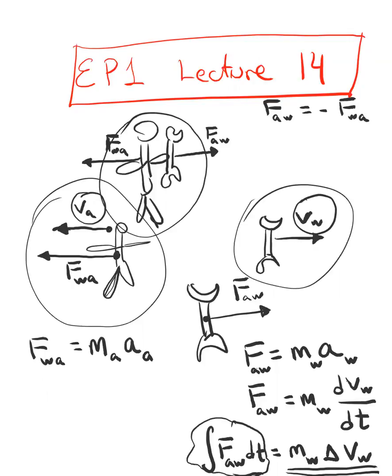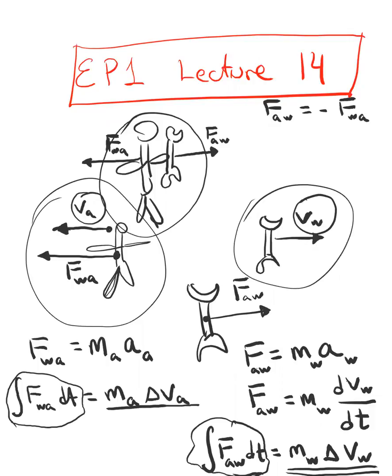And if this force is acting over some time, I can integrate the effect of this force, and I can say that as a result of this force, the velocity of the astronaut changes. Okay, so I have a very similar formula for the astronaut. I have some force acting on it, and I have some change in velocity.